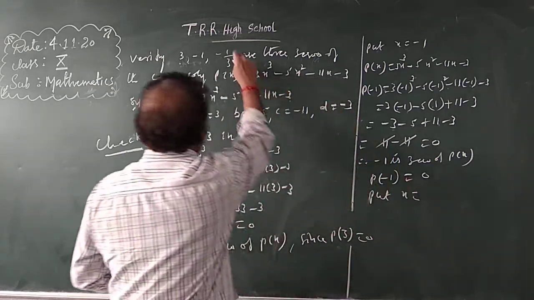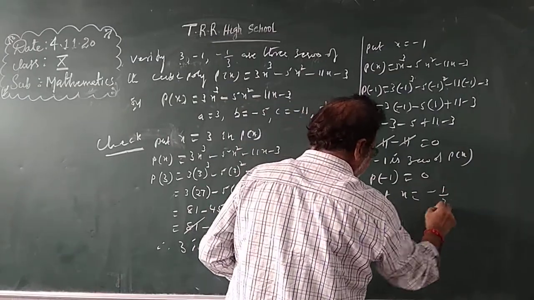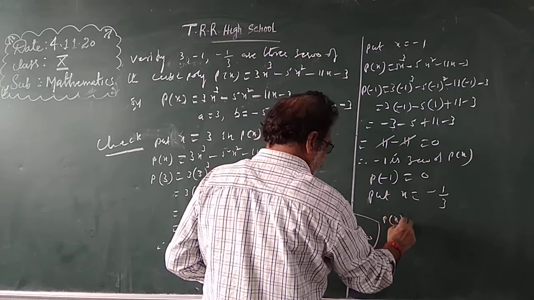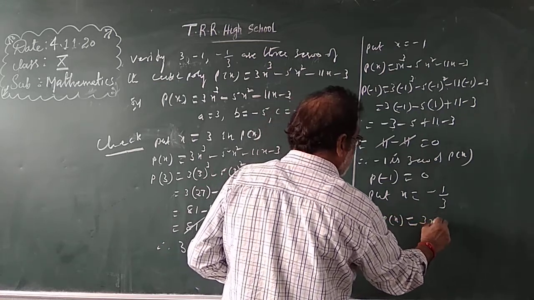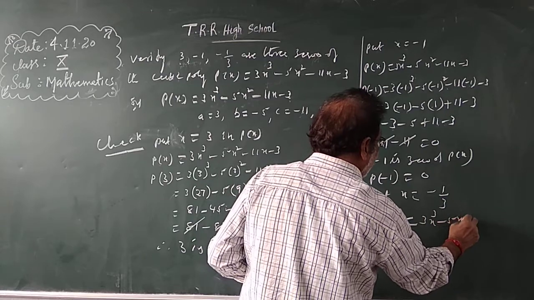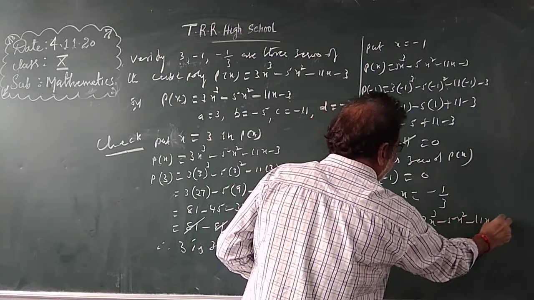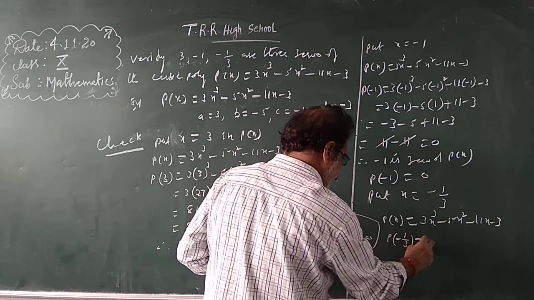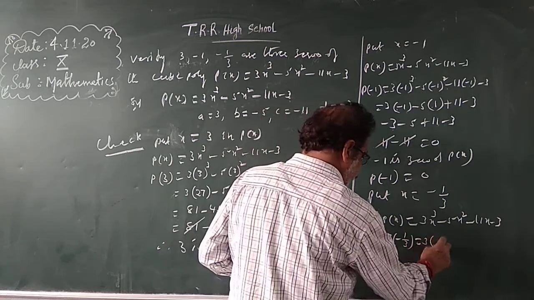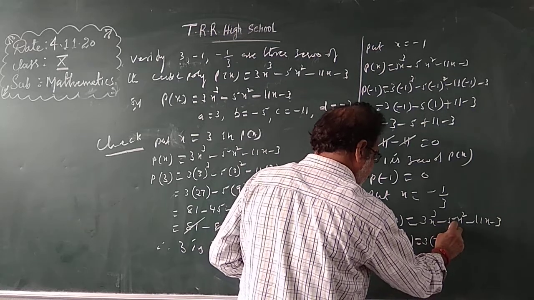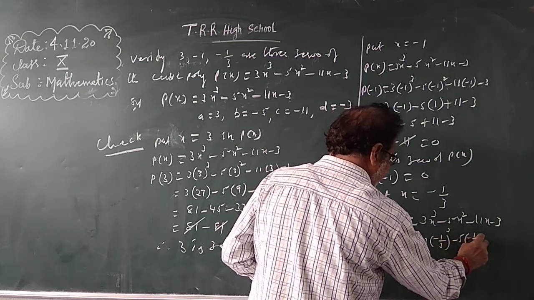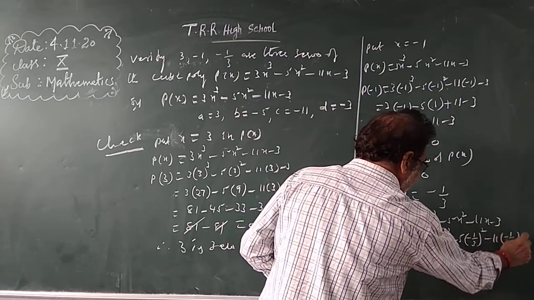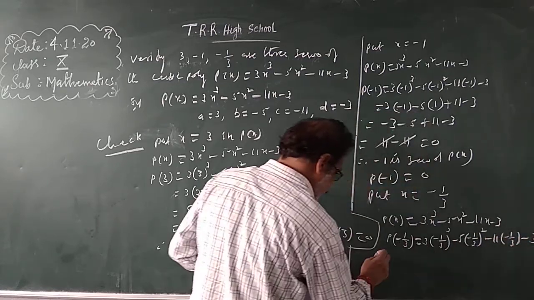Now, put x is equal to minus 1 by 3. P of x is 3x cube minus 5x square minus 11x minus 3. Substitute: 3 into minus 1 by 3 cube, 5 into minus 1 by 3 square, 11 into minus 1 by 3, minus 3.